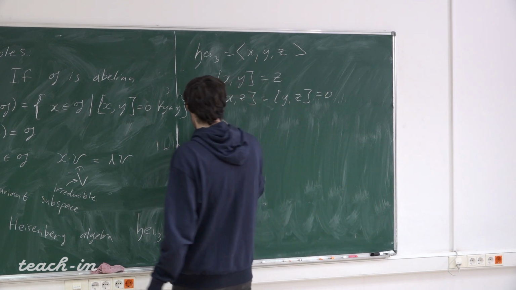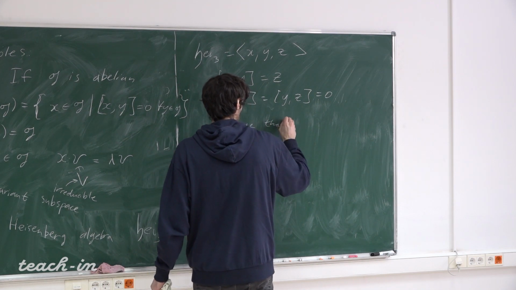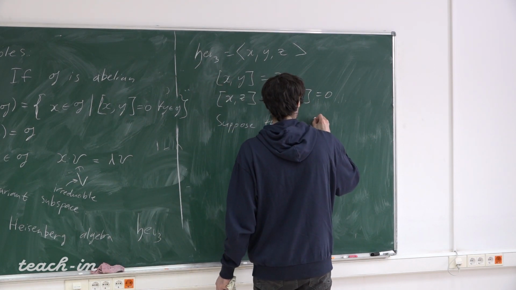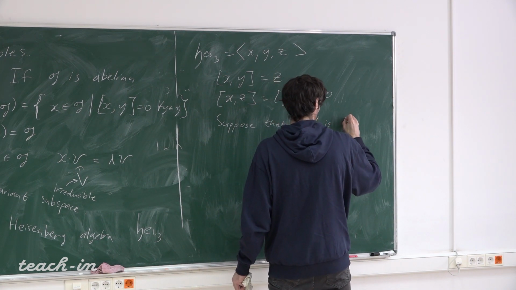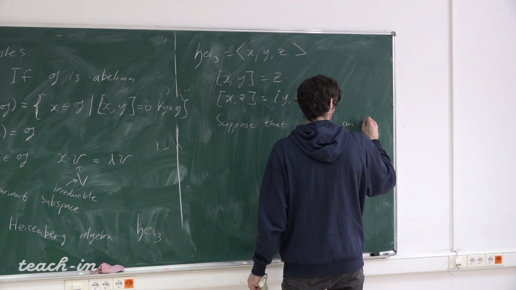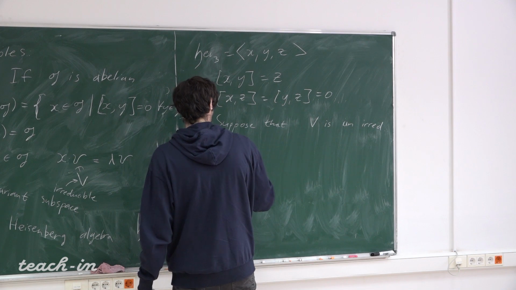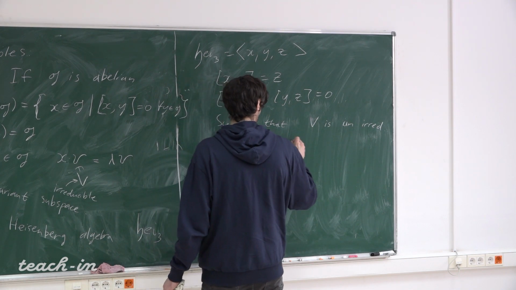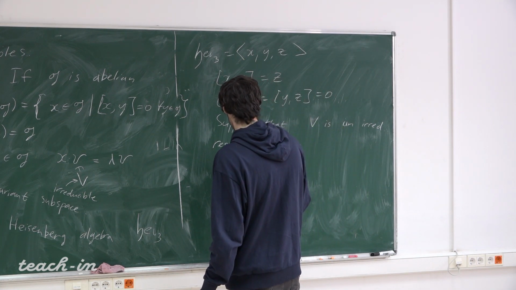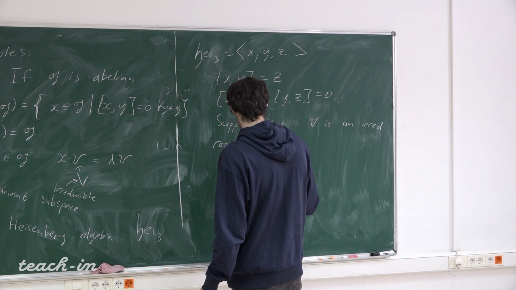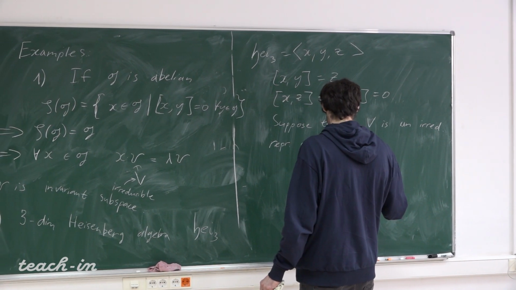Suppose that V is an irreducible representation, then Z acts on any vector from V by multiplying by some number.